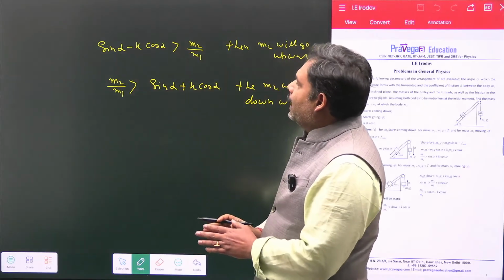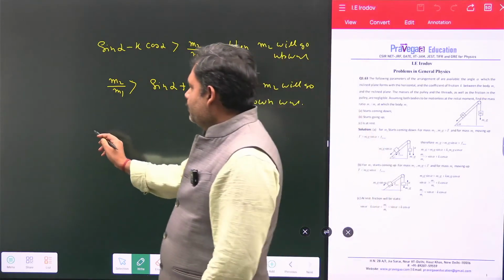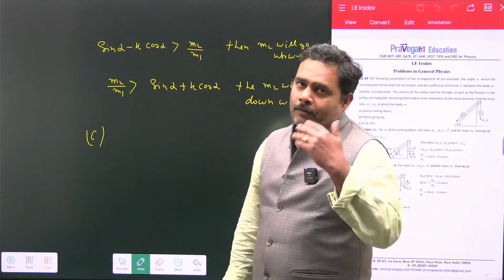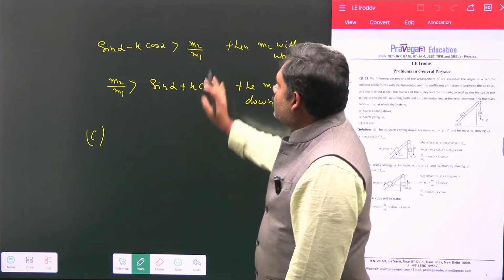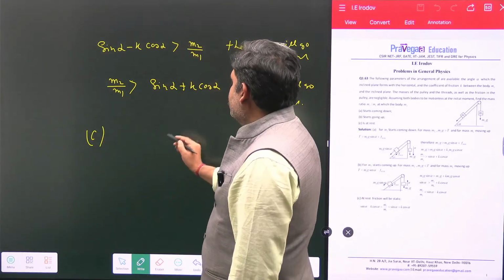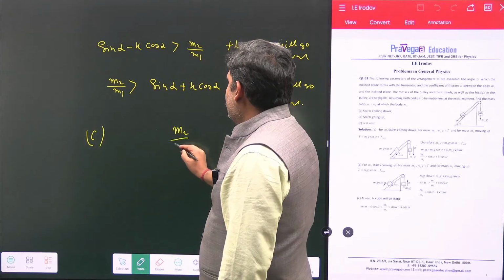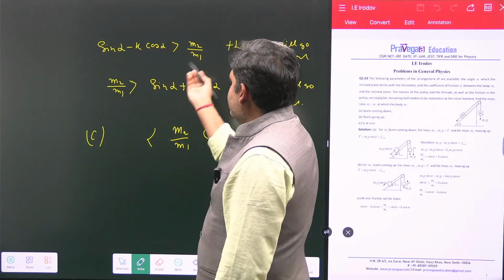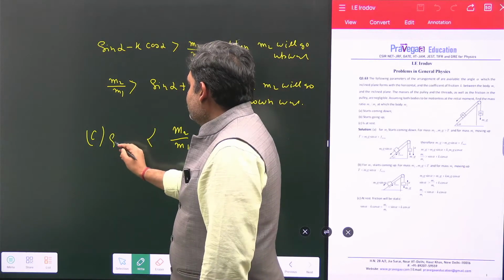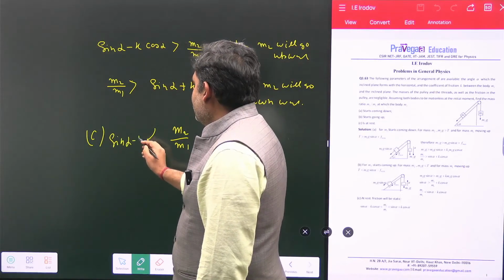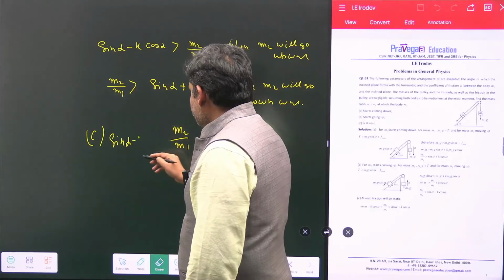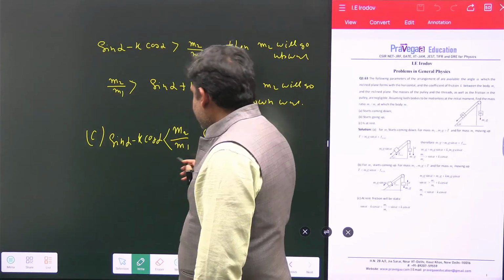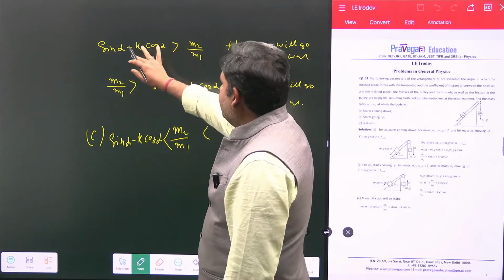What we have to do is make a scenario for problem number C such that neither M2 goes up nor goes down. So we have to discard this one. So we have M2 upon M1 here, and hence this is greater than this one. So sin alpha minus K cos alpha, that is M2 by M1, must be greater than this one.